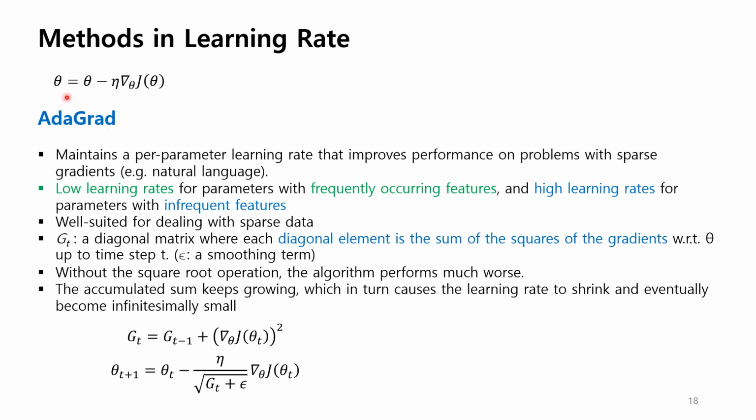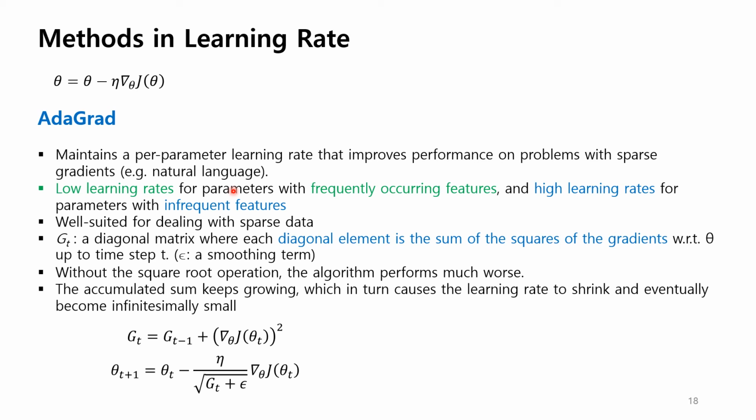The first method is called AdaGrad. The basic idea is that we maintain a different learning rate for every parameter, a per-parameter learning rate. In traditional gradient descent, we have the same learning rate for every parameter, but in AdaGrad, each parameter has a different learning rate. For some parameters we update very frequently, with a lot of updates.